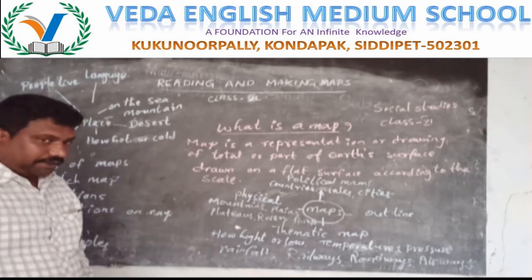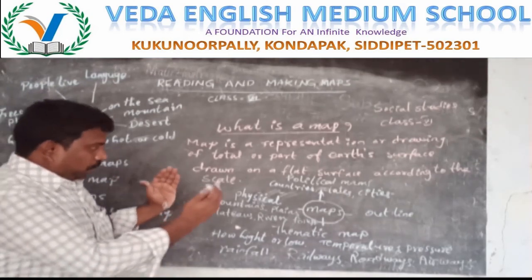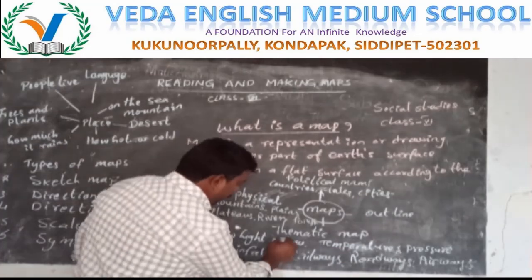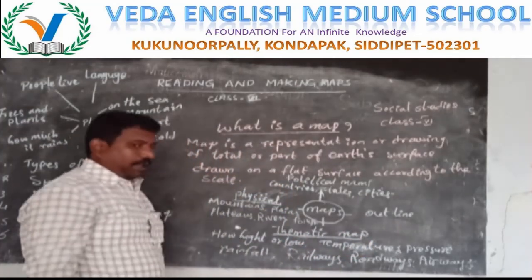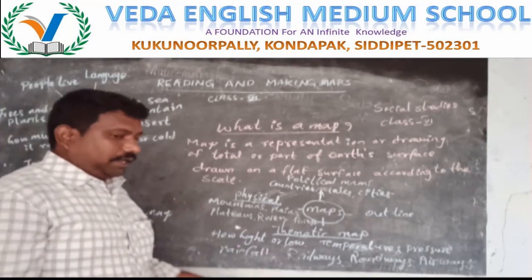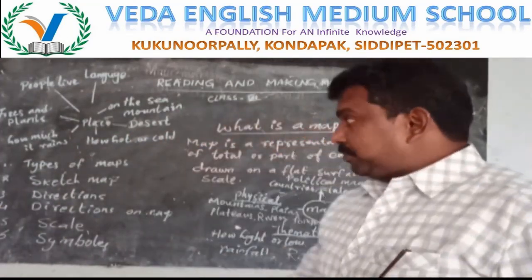So these are the different kinds of maps: political map, outline map, thematic map, and the physical map. So these are the types of maps.